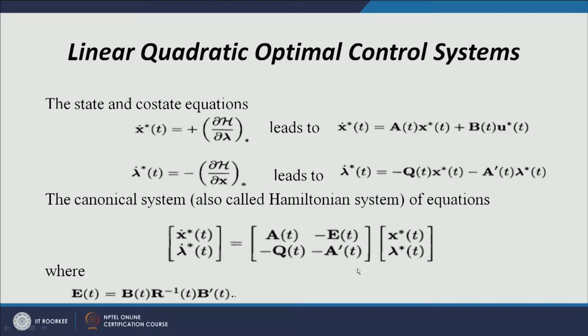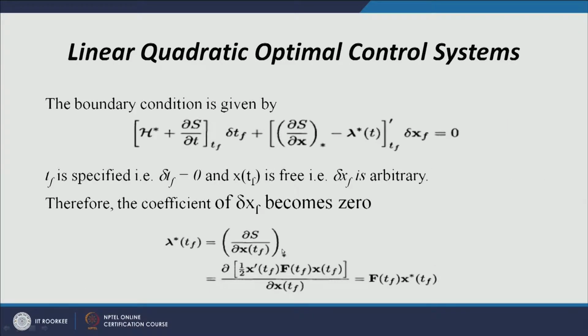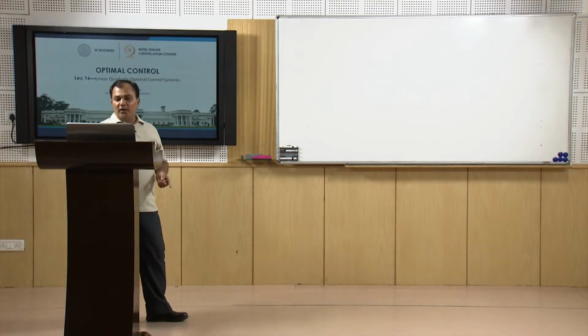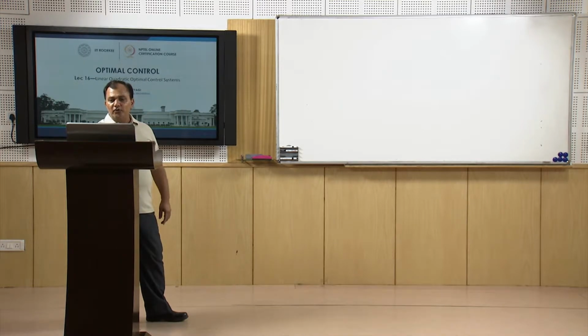This Hamiltonian system comes along with the terminal condition we have taken, lambda(tf) equal to F(tf) x(tf). We have to develop a state feedback system, and if you recall, my u is nothing but R inverse B prime lambda t.